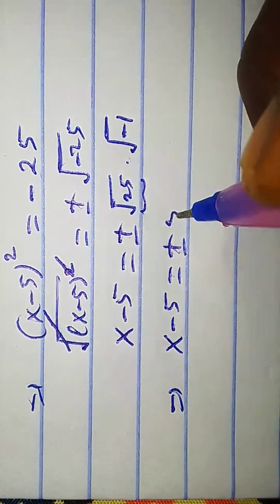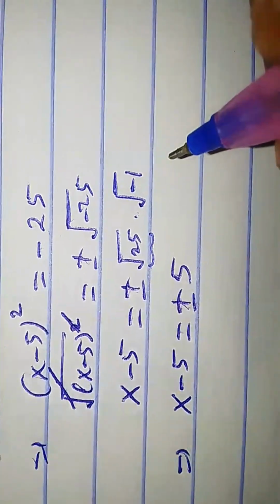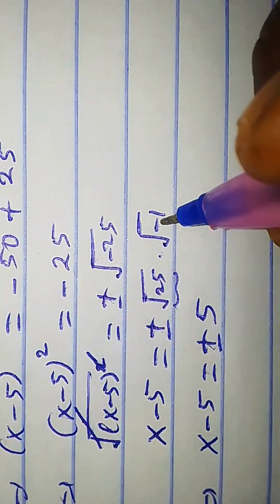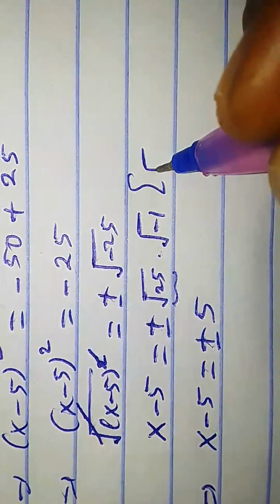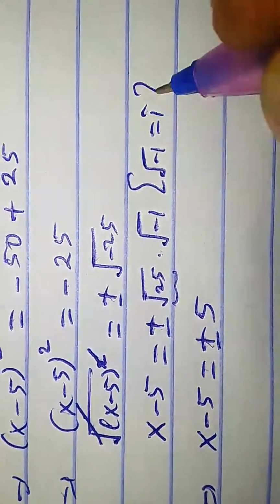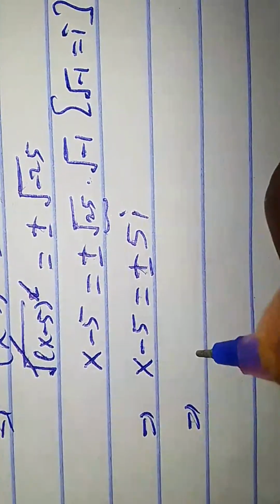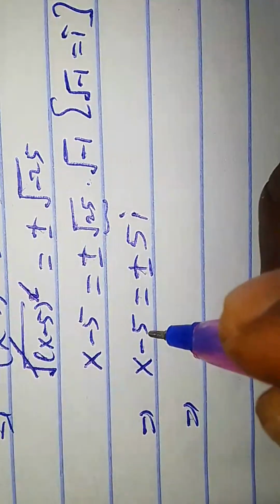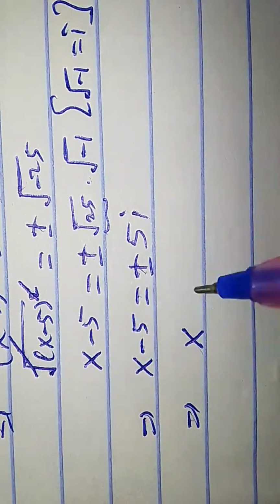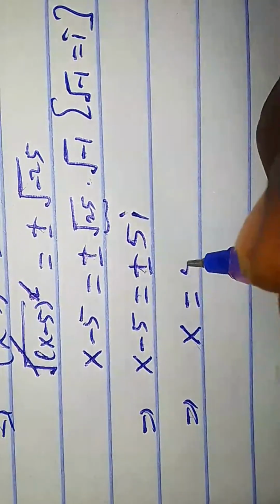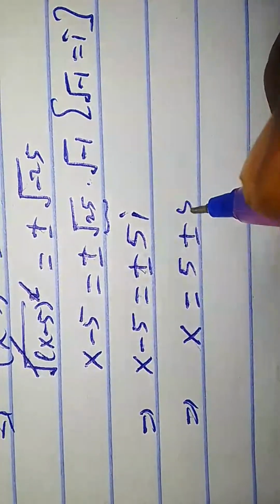That is 5. And also, from complex numbers, we know that the square root of −1 is equal to i. So let's replace this with i. This implies that x, moving −5 to the right hand side, we have 5 ± 5i.